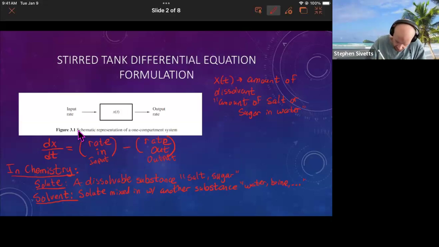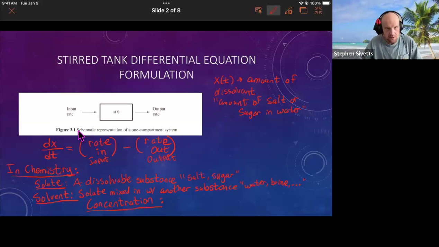And then you'll have what's called the concentration. This is actually a formula in chemistry. It equals the mass of the solute per volume of the solution.